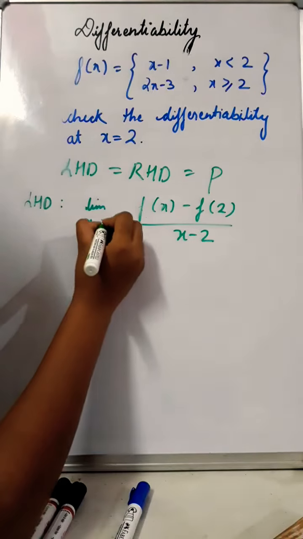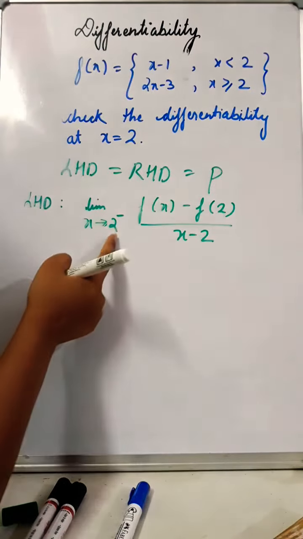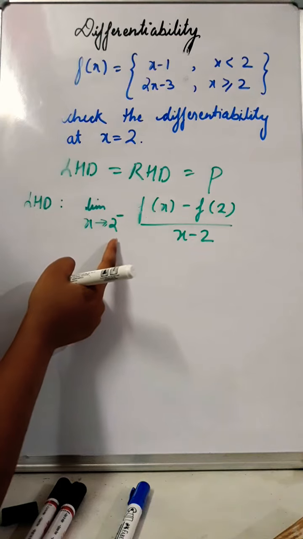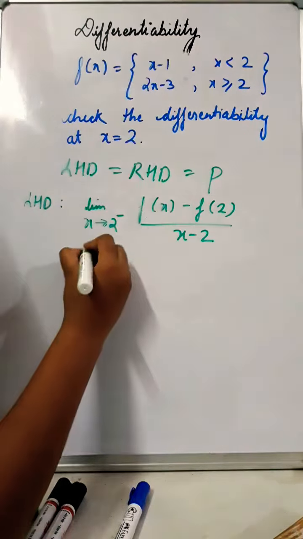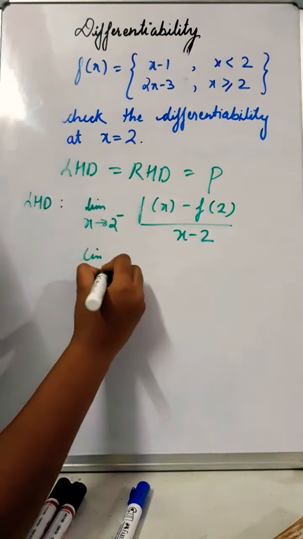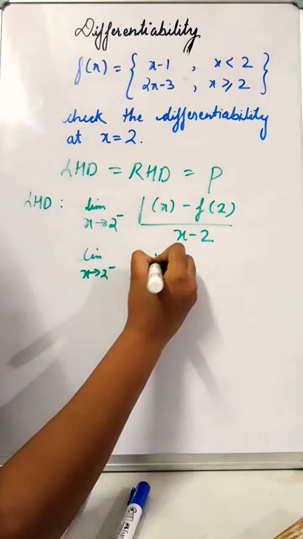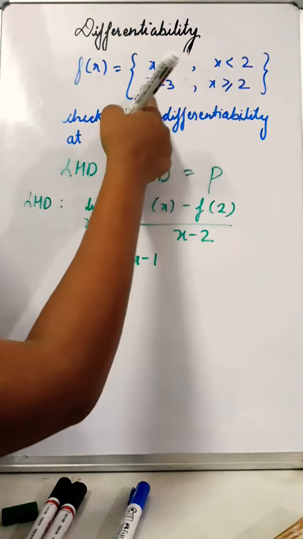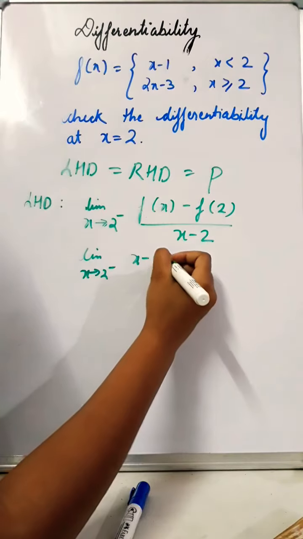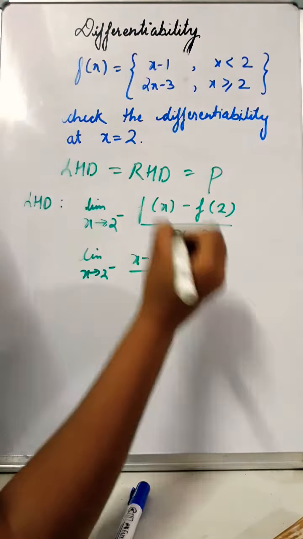You are approaching 2 from the left hand side, means the function is going to have the value where x is less than 2. In that case your function is x minus 1. So you get limit x tends to 2 minus, f(x) is x minus 1, and the value at 2 is 2 minus 1, that is 1, whole upon x minus 2.